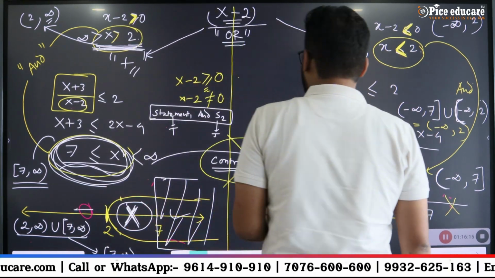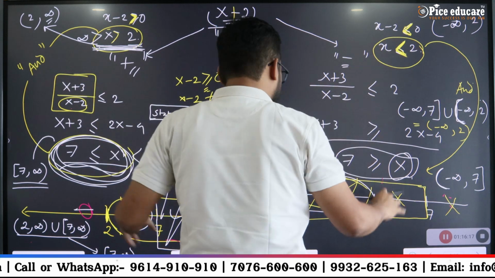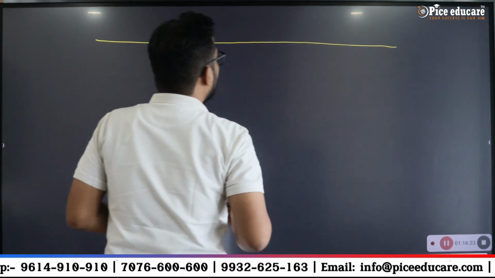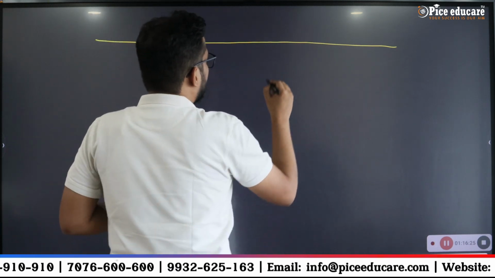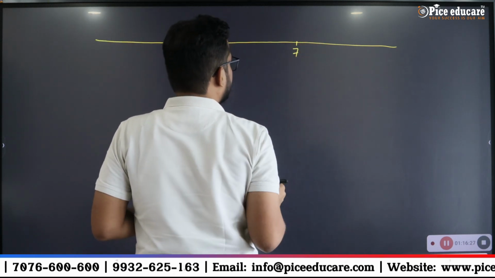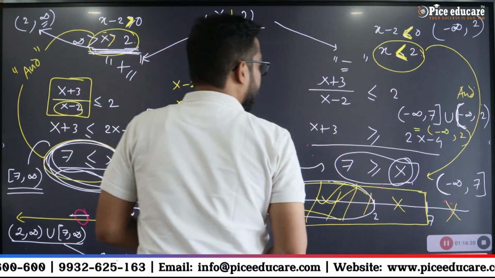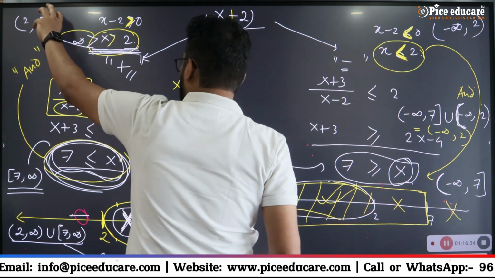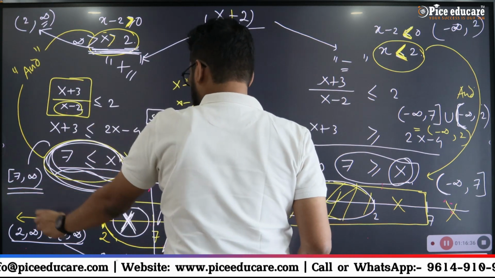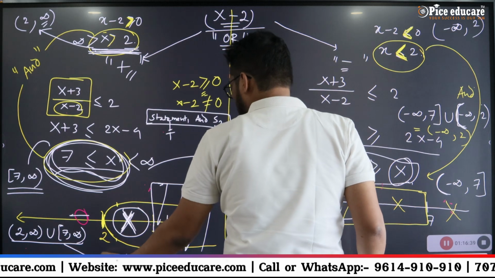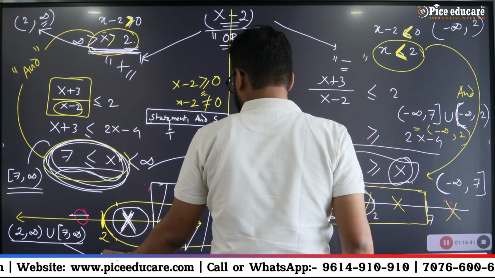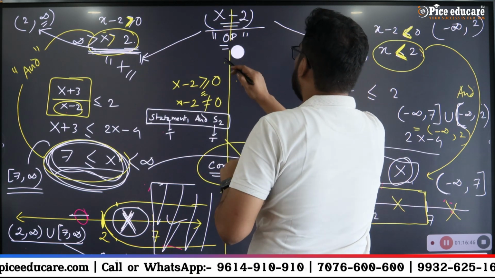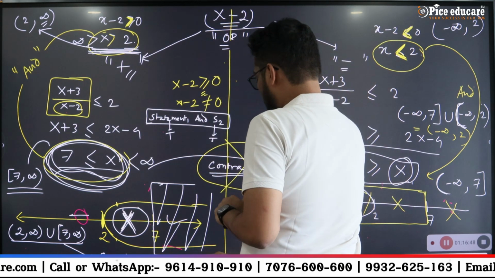Now if I juxtapose these two sides, what we are essentially saying is that here is my 7, because we have seen that this union operation between these two sets leads me to bigger than or equal to 7, up to infinity. So the "or" is written somewhere in between.